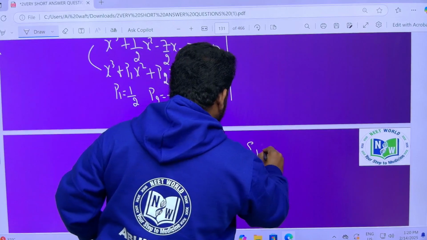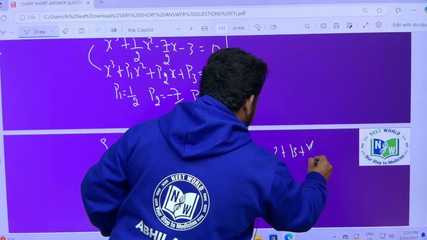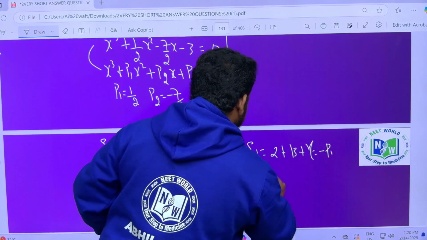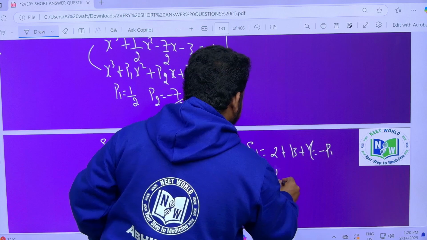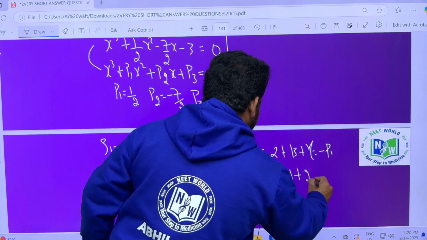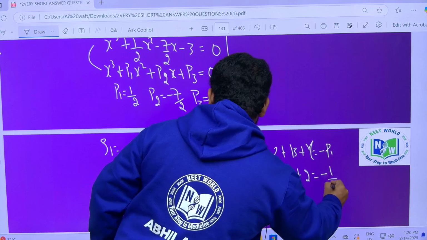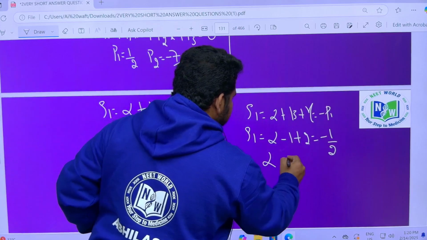So S1 will be equal to alpha plus beta plus gamma, which is equal to minus P1. So S1 will be equal to what? Alpha we don't know. And beta value, let it be minus 1, plus gamma is 2, is equal to minus P, which is minus 1 by 2.